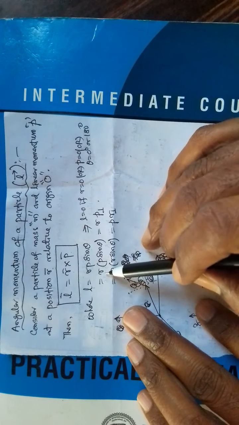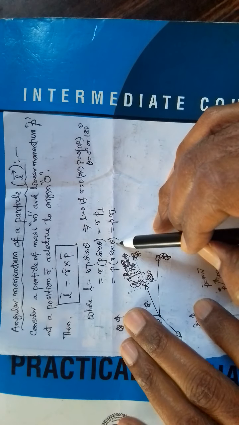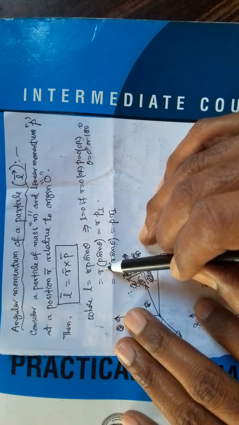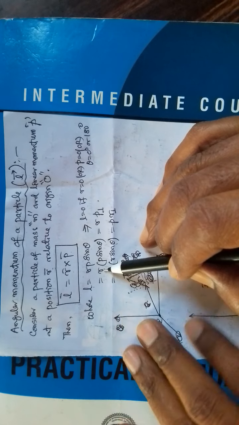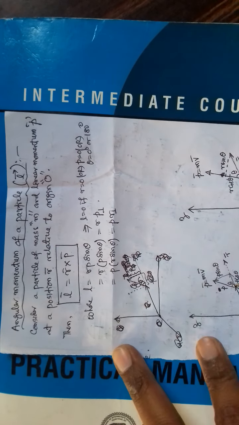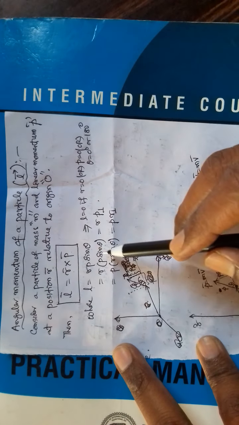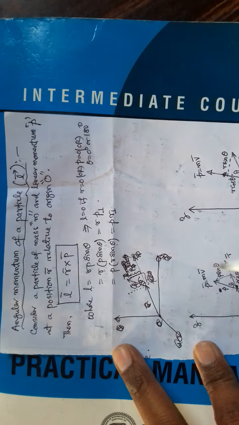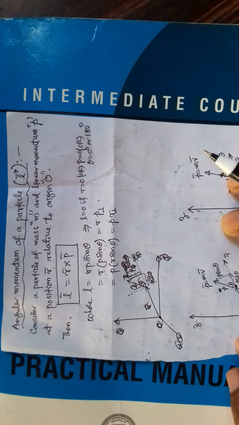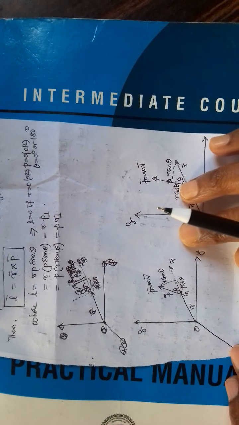Now this can be written as r into p sin theta or p into r sin theta. See here, if it is written as r into p sin theta, r is the distance from origin to the particle point, and p sin theta is the perpendicular component of momentum onto the position vector.